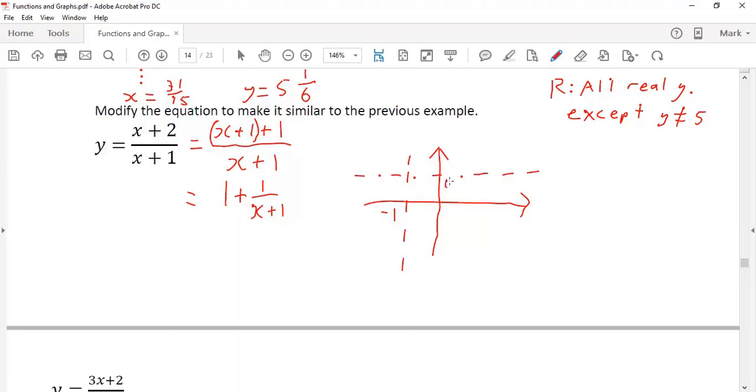If we quickly find the y-intercept, we get 2, and it's a positive graph, so we know it's going to be in that quadrant and this quadrant. Remember you can find the x-intercept by subbing in y equals 0, but I'll let you do that.